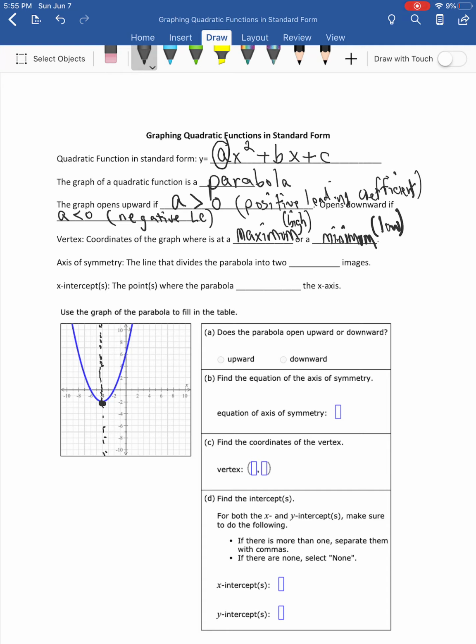The axis of symmetry is the line that divides the parabola into two mirror images, and that's going to be important when graphing them. X-intercepts are the points where the parabola intersects the x-axis. So the x-intercepts here would be over here and here. It's where the graph hits the x-axis.